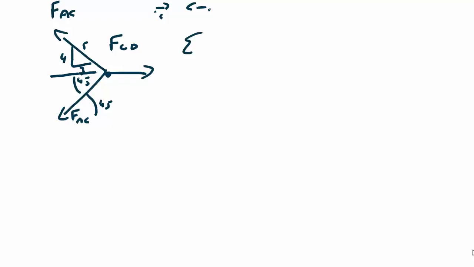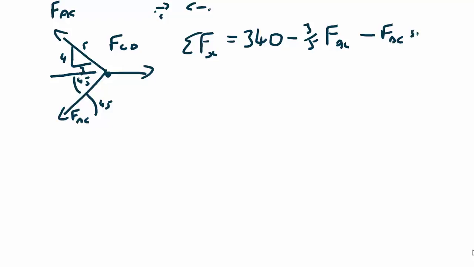So my sum of my forces in the x direction equals 340, which we worked out earlier, minus 3/5 of FAC minus FBC sine 45.